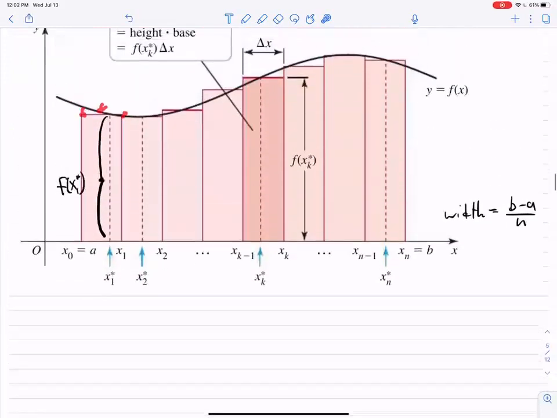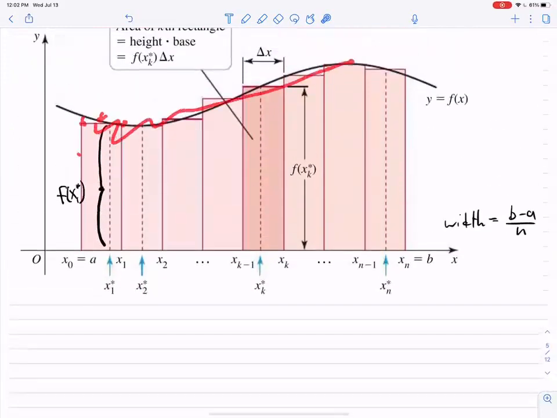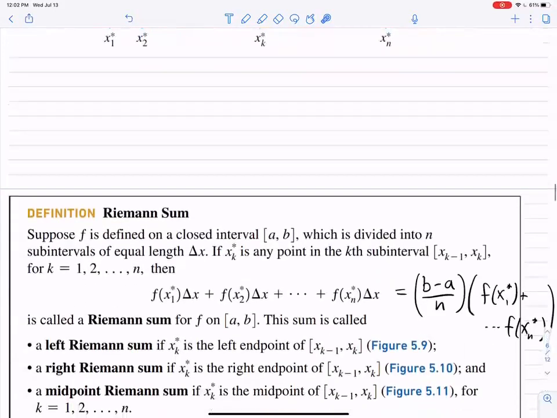So that's a Riemann sum. This idea of approximating the area under a curve by breaking it up into subintervals and adding the areas of these rectangles is called a Riemann sum. This is Riemann, he's German, so it's not Riemann, it's a Riemann sum.